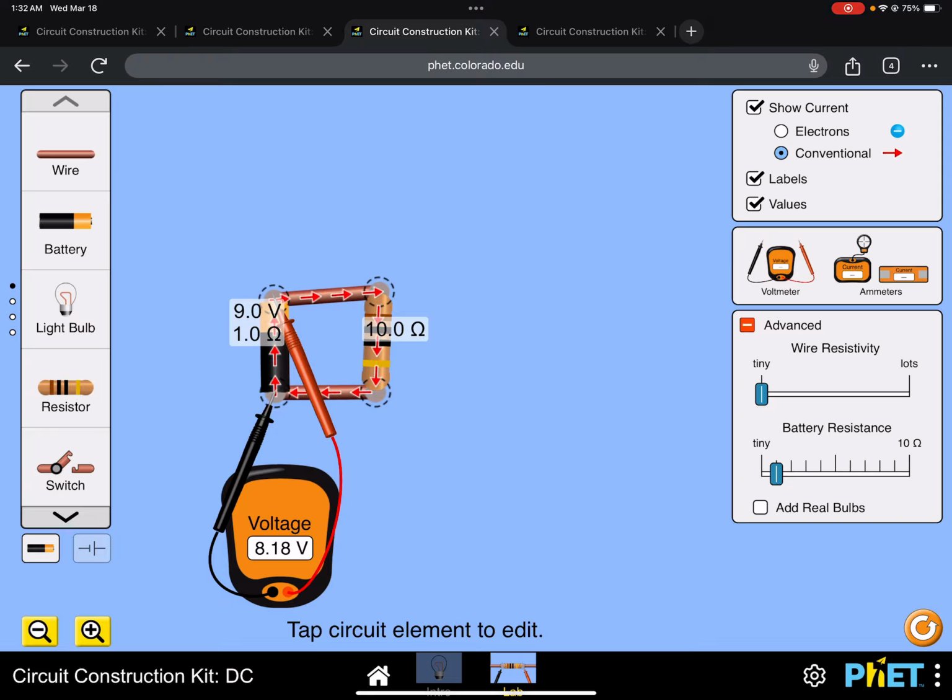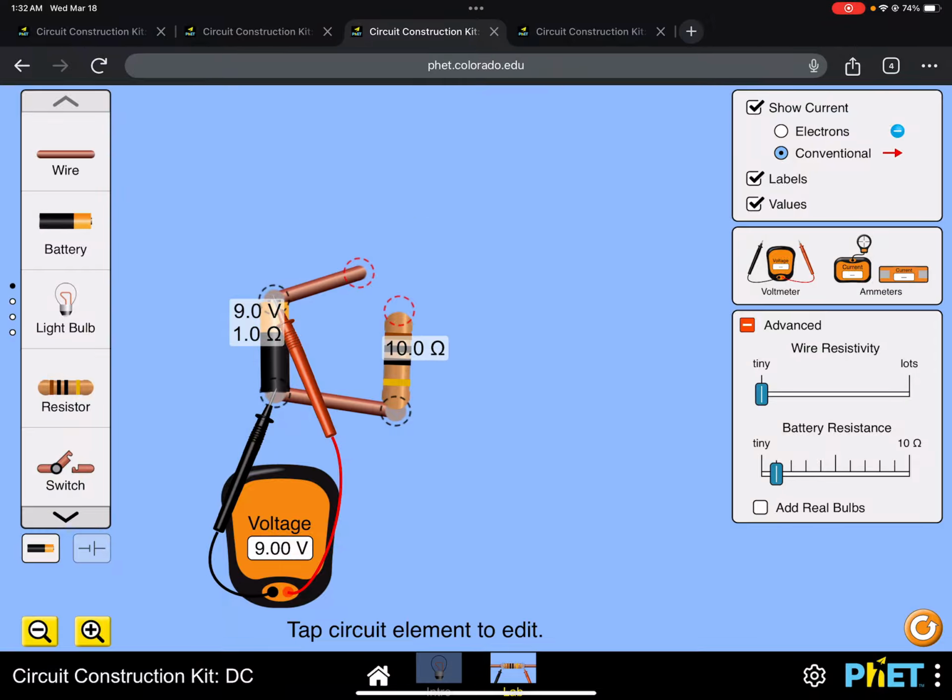So here we can clearly see that the voltage across the battery, the terminal voltage, is not equal to the rated voltage of the battery. And that happens when I have some current flowing through the battery. It acts as if there's a tiny resistor inside, and there's a voltage drop across the terminals.